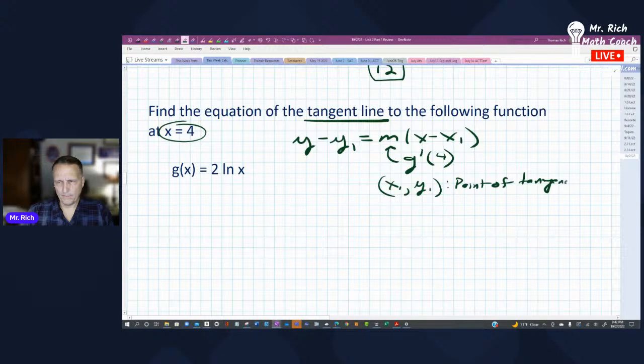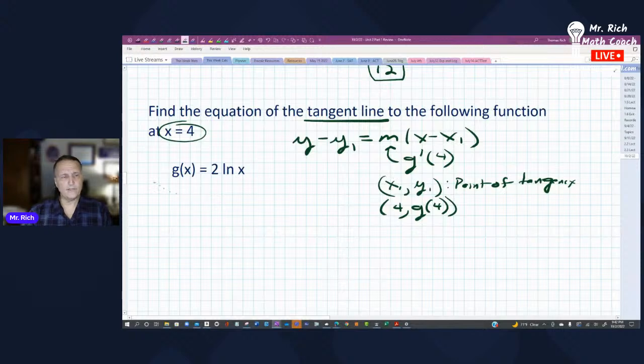I'm going to get that by evaluating my function when x is 4. So that would be 4 comma g of 4. So the two things I need are g prime of 4 and g of 4.